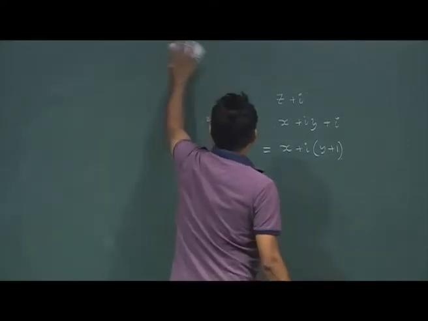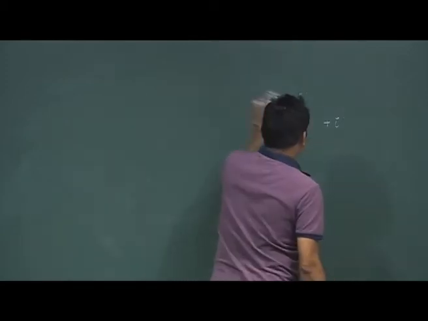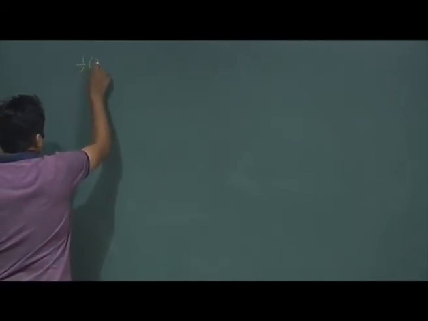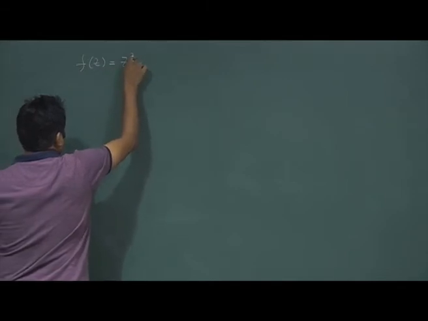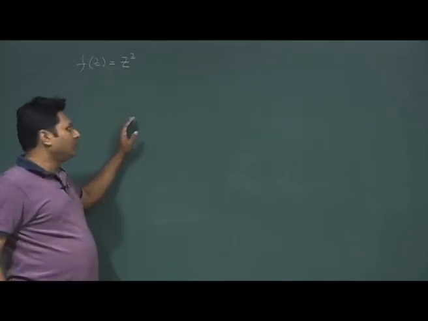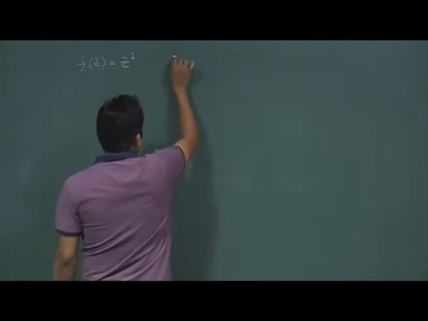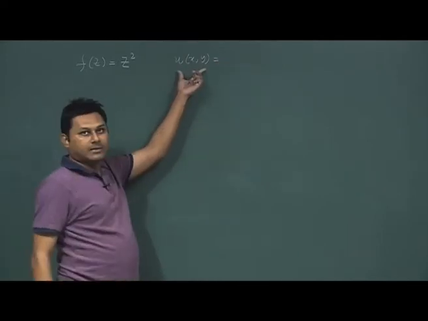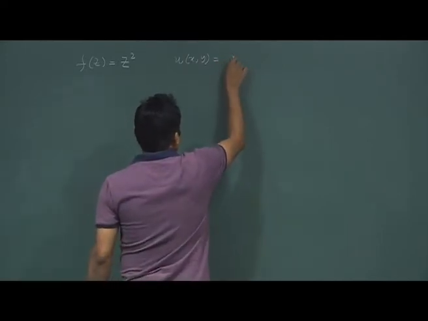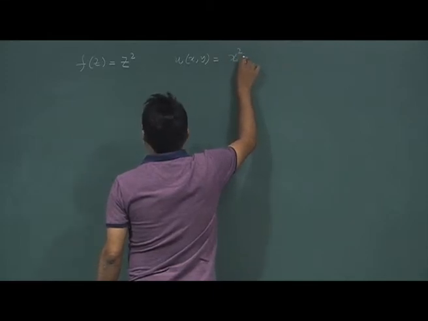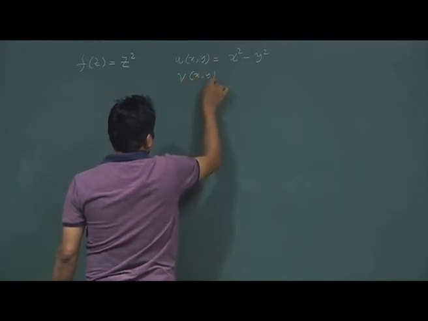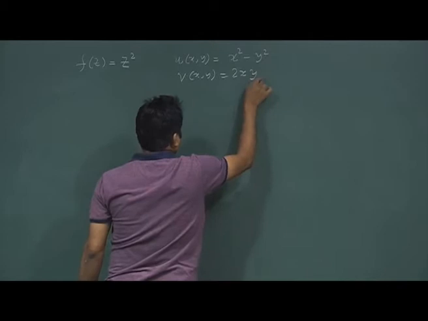Okay, so after having these things, let us go back to the problem of how to define a function. Let us say my function f(z) is equal to z square. So my u of x,y was x square minus y square, and v of x,y was 2xy.